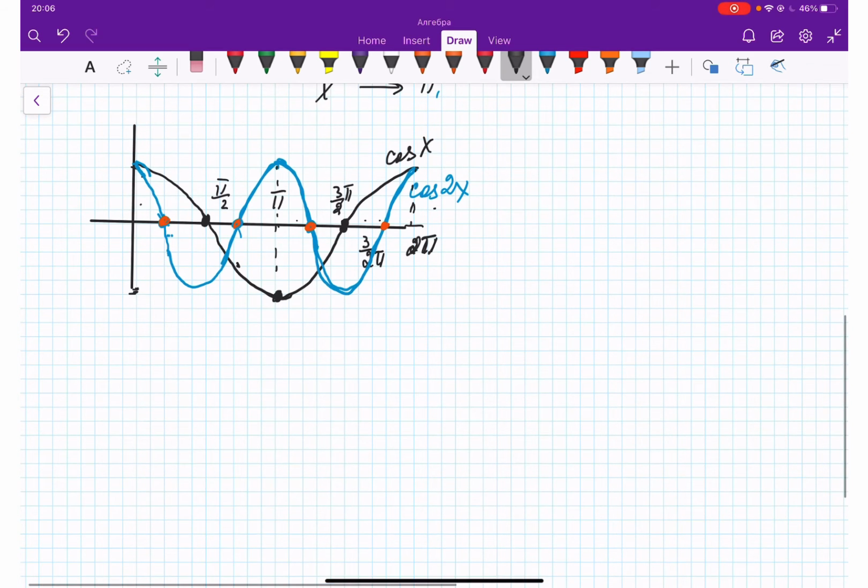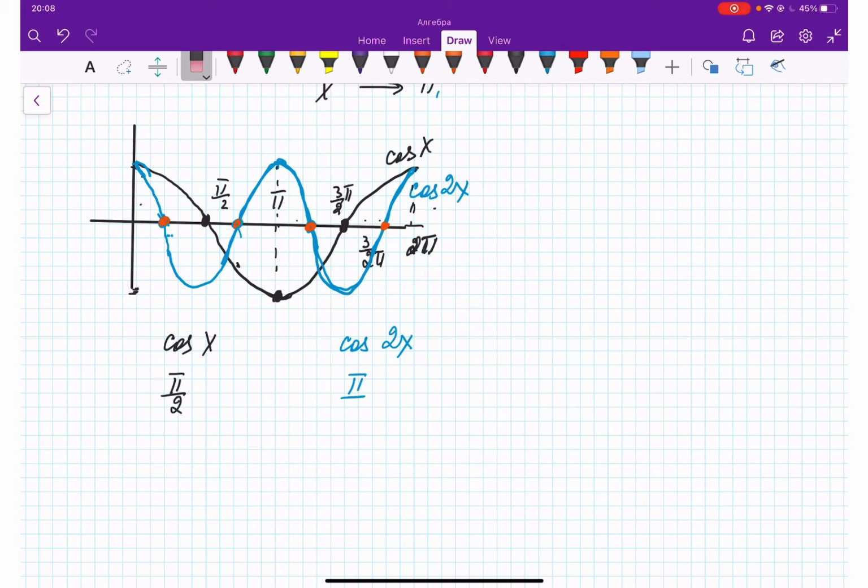Let's see. Here we have cosine x, and here we have cosine 2x. The critical point for cosine x is pi over 2, which for cosine 2x will become pi over 4, because just like the period, we divided by 2.